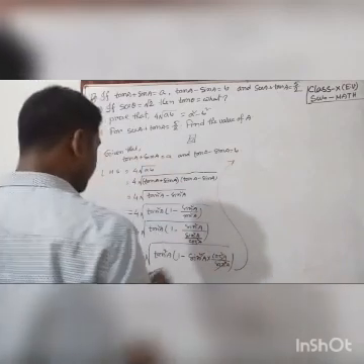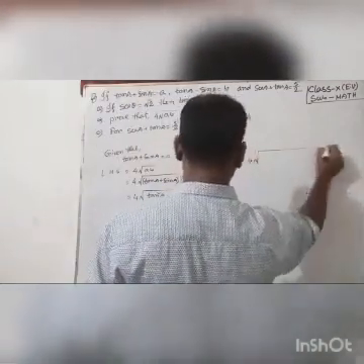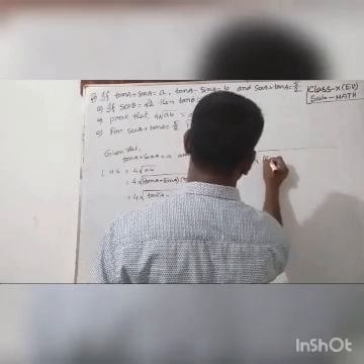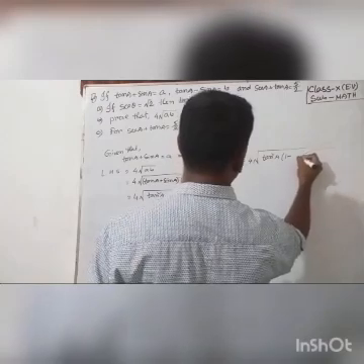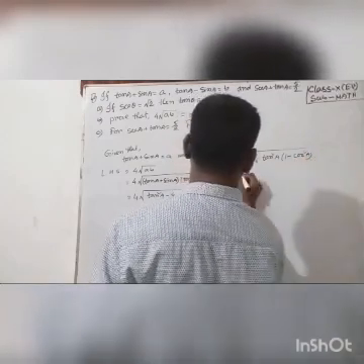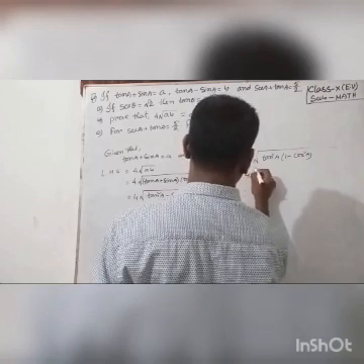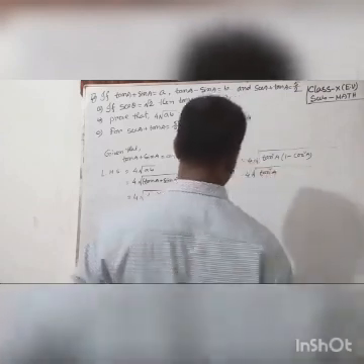Now we can write 4 root over tan square a, 1 minus cos square a.